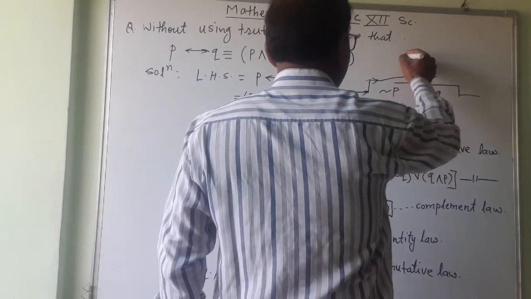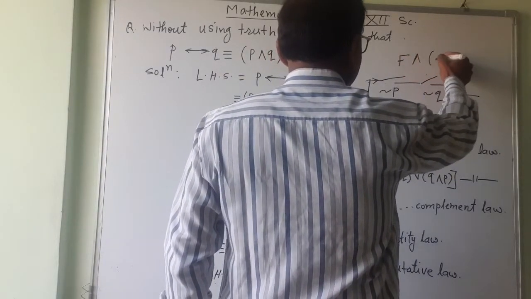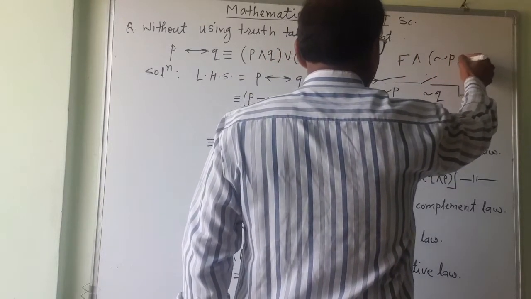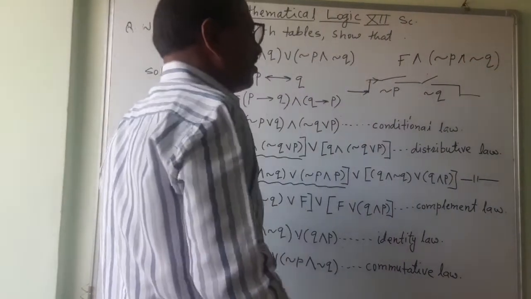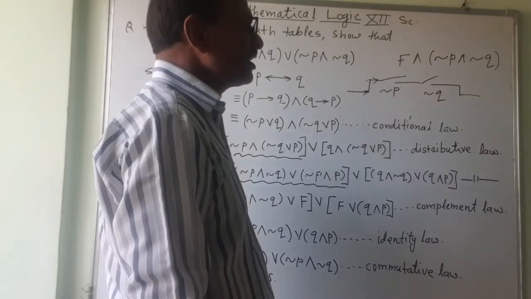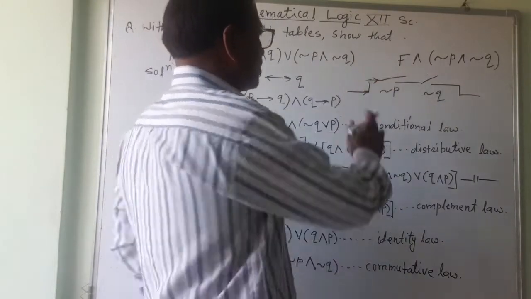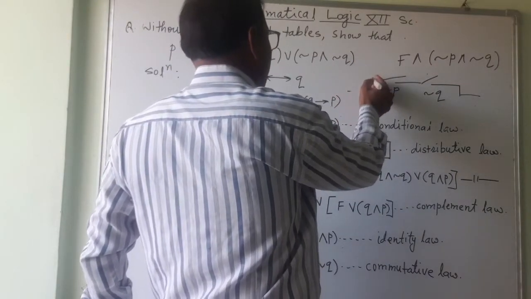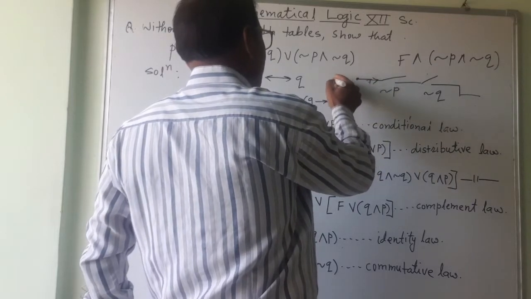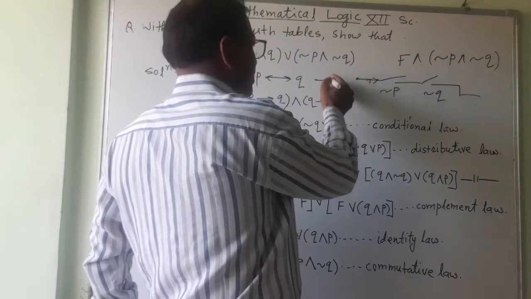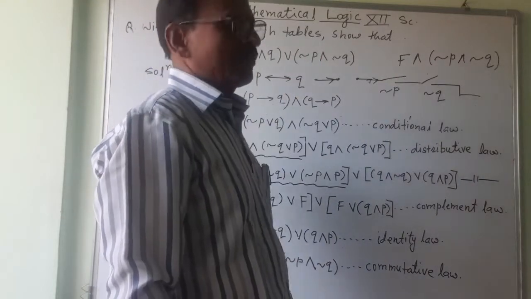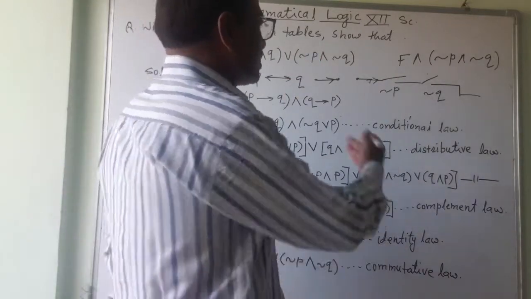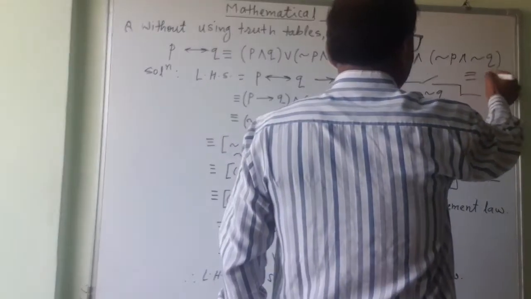Say suppose it is F and negation P and negation Q. What would be the resultant of this? The false switch is always here, so there is always a cut circuit. What you are adding is not of any use. That means it is always false. This is equivalent to false.